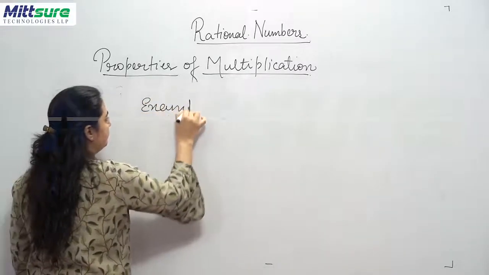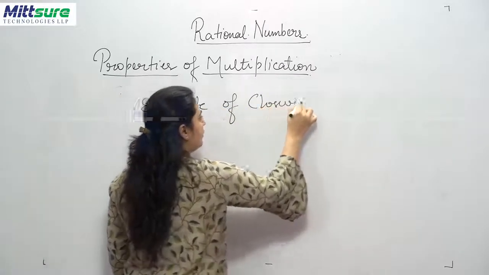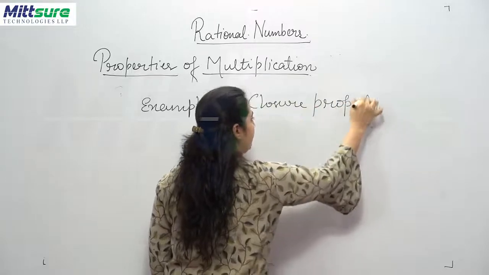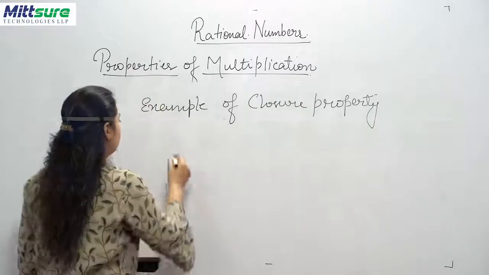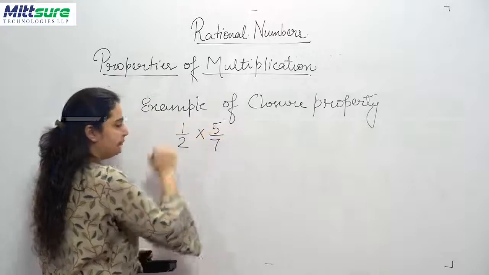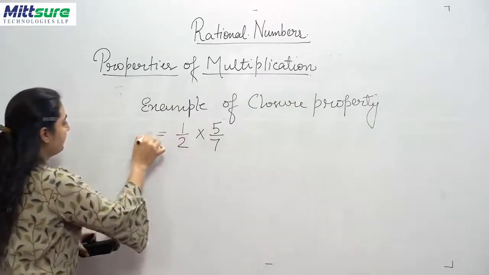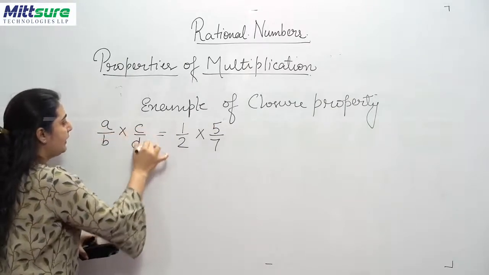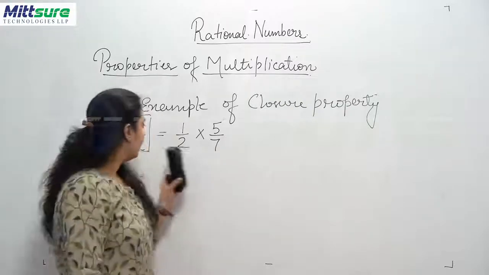Example of closure property. Let me take two numbers, 1 upon 2 into 5 upon 7. It has been written in what form? A upon B multiplied by C upon D, which we discussed in the beginning of this session, right?